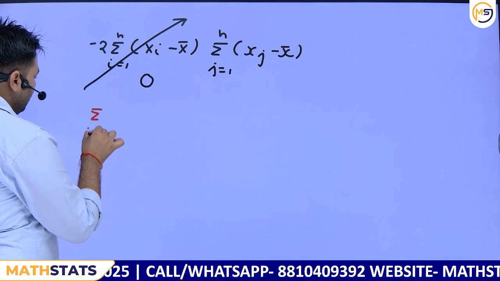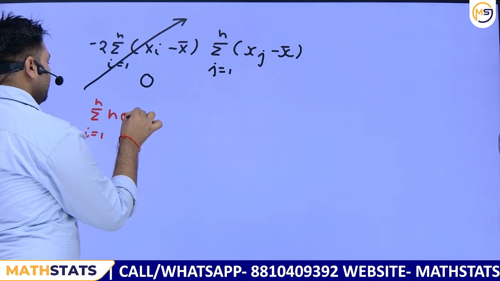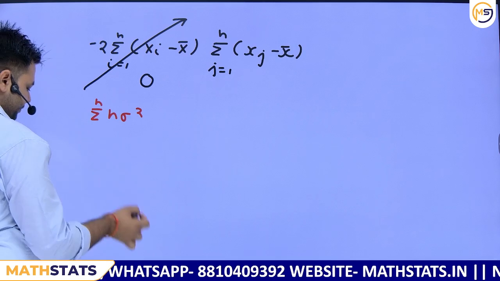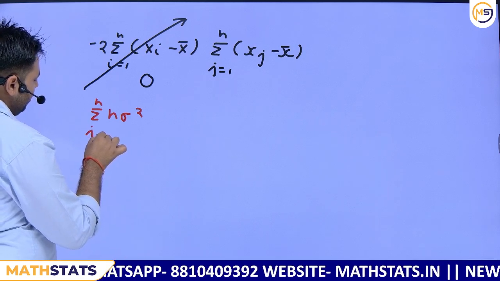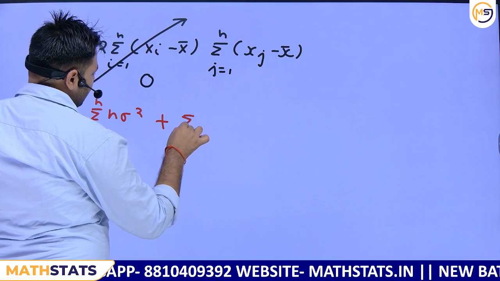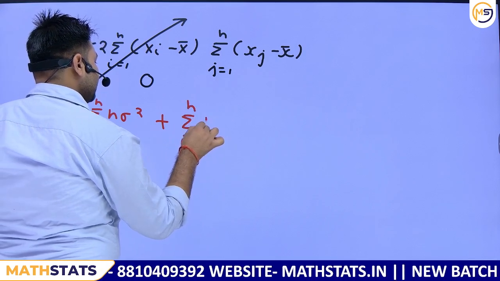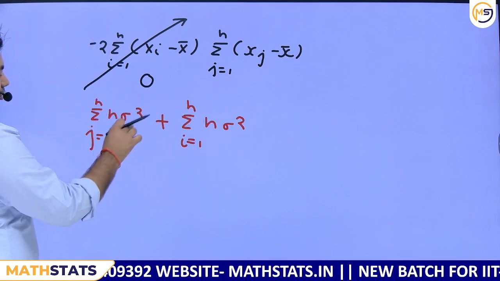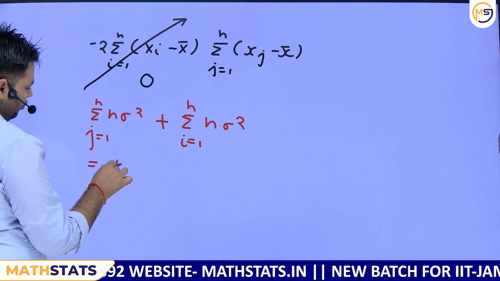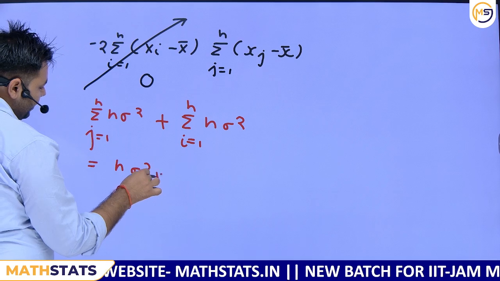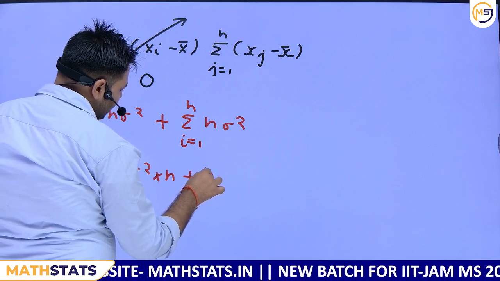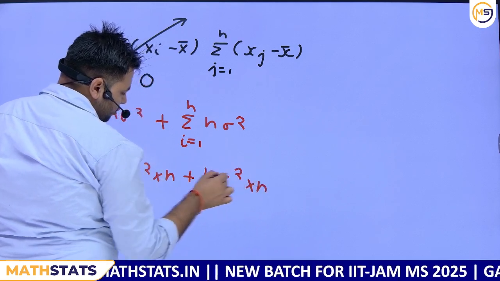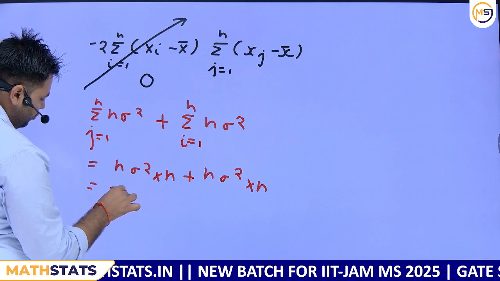Here is j, j equal to 1 to n, plus n sigma square, and summation i equal to 1 to n sigma square, then 0. Here it doesn't involve any term of i, and here it doesn't involve any term of j. So this quantity equals n sigma square into n plus n sigma square into n, which is equal to 2 n square sigma square.